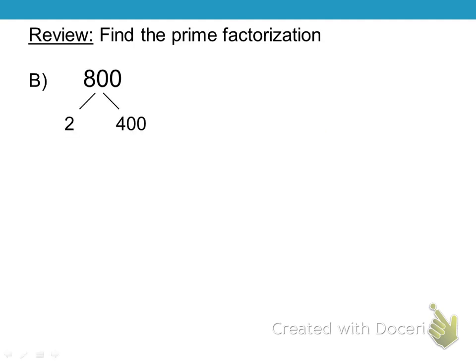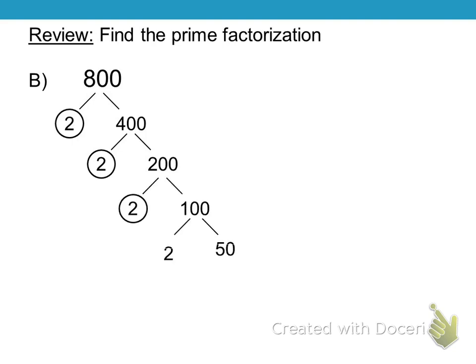So yes, you could start off with 80, but to start off with 800, I did 2 and 400. 2 is prime. 400 can go to 2 and 200. 2 is prime again. You can just keep going by 2s. 2 is prime again. 2 and 50. 2 is prime again. 2 and 25. 2 is prime again. 25 is not divisible by 2, so you got to change your approach a little. 5 and 5.